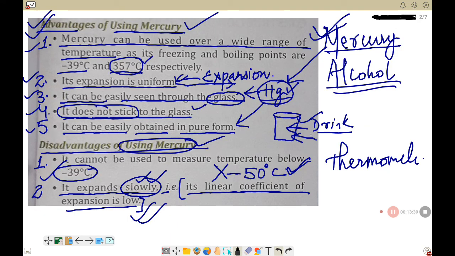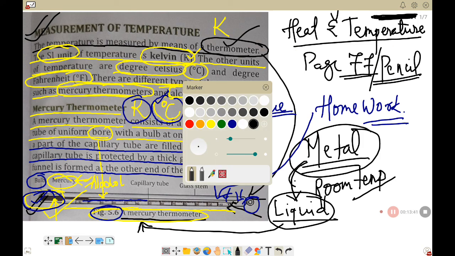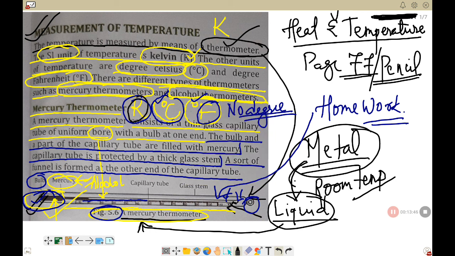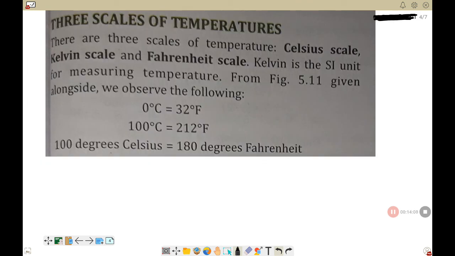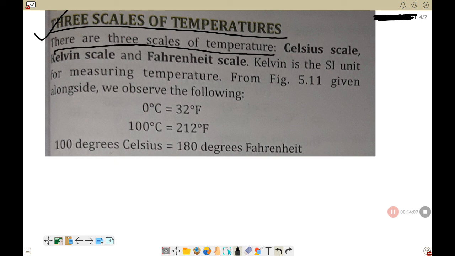Okay, now see here on this page I've said that Kelvin is the SI unit of temperature, degree Celsius and degree Fahrenheit are the other units of temperature, isn't it? So the next topic that we are going to learn, on page number 79, is three scales of temperature. What are they? Celsius scale, from which we get degree Celsius.